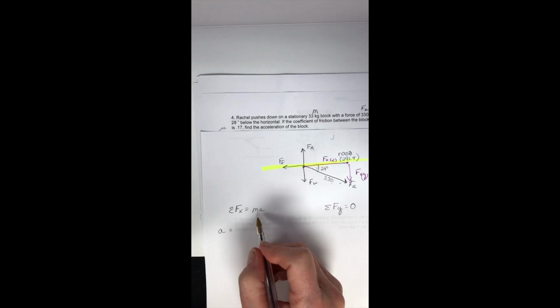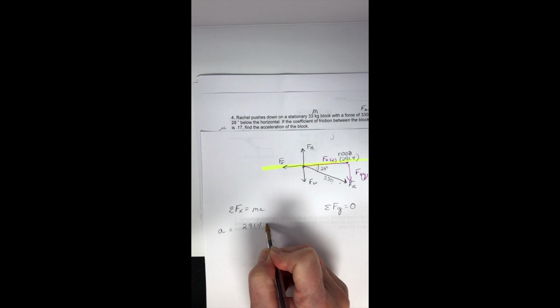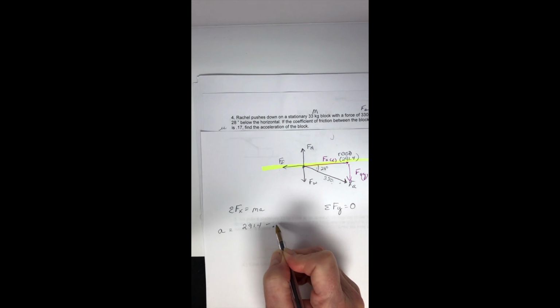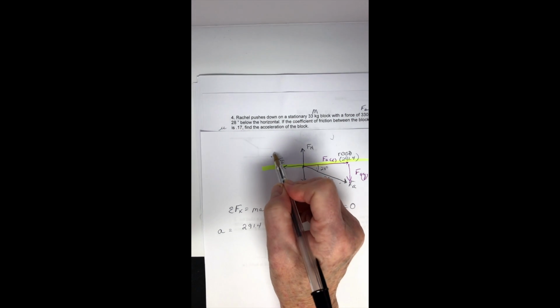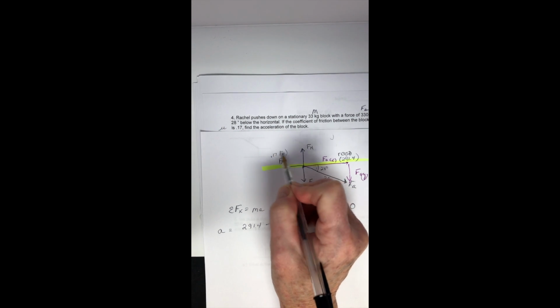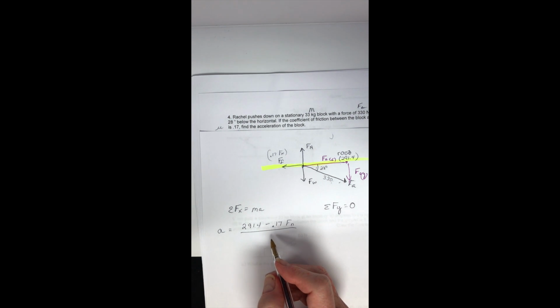My forces in the X. 291.4 minus mu Fn. I forgot to write that on here. 0.17 Fn is how you find force friction. Divided by mass, 33. There it is. Same thing we've been doing.